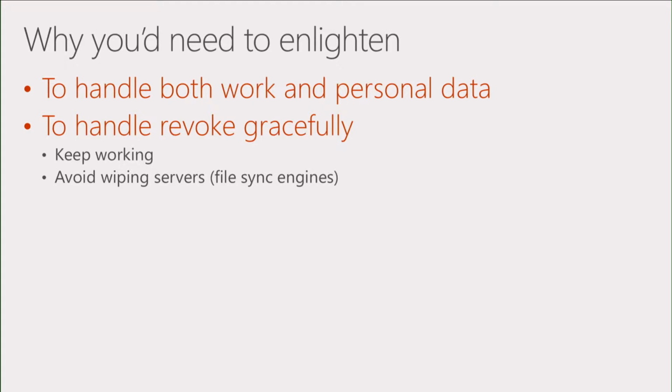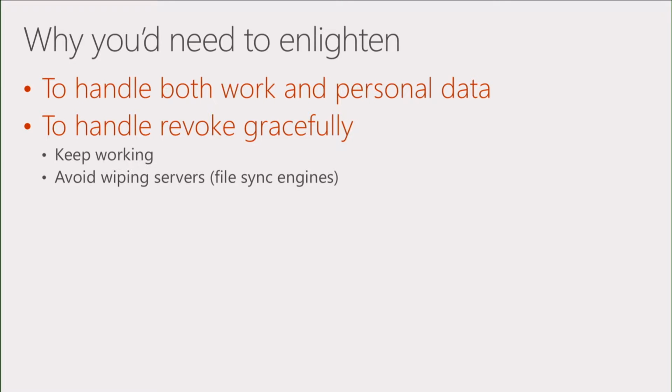Remember, I just said a minute ago that all of the data in an unenlightened application gets encrypted. If you need any of those files to run your application, you could be broken on a revoke. So you should at least test your application to make sure that it works in that scenario. You might need a tweak, or you may want to fully enlighten your application with more scenarios. Another very big scenario that's important is if you do file synchronization.